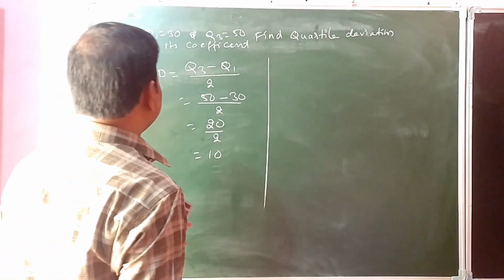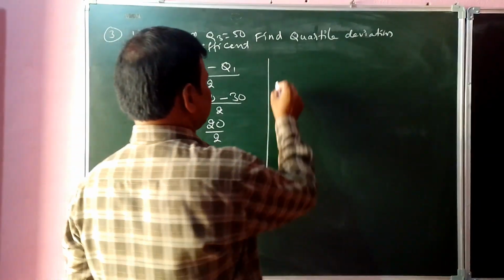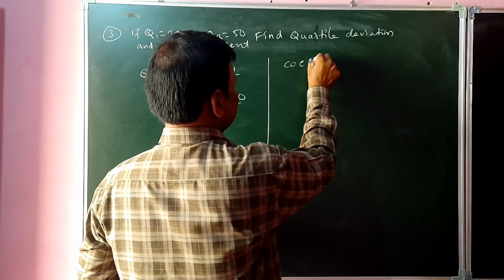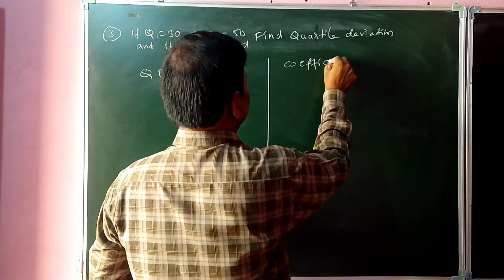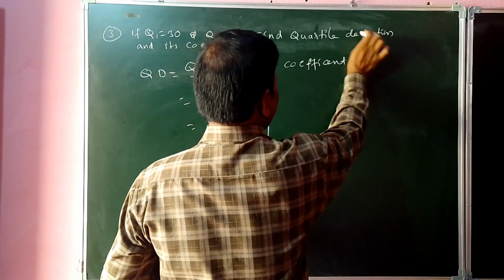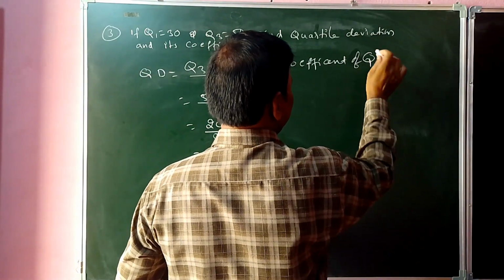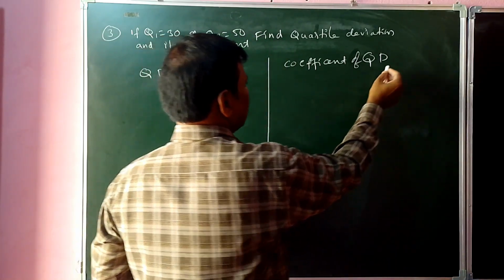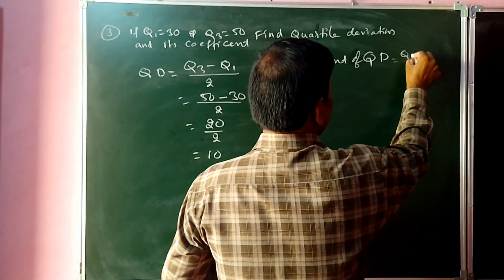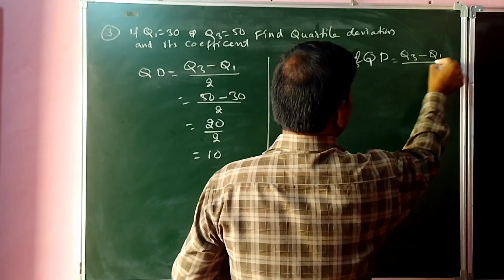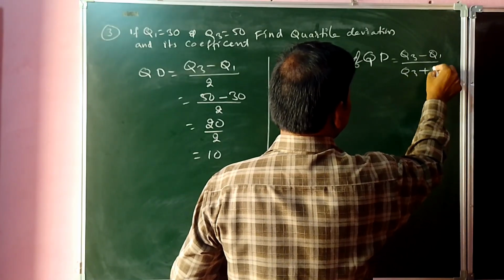Next, the coefficient of quartile deviation. The formula is Q3 minus Q1 divided by Q3 plus Q1.